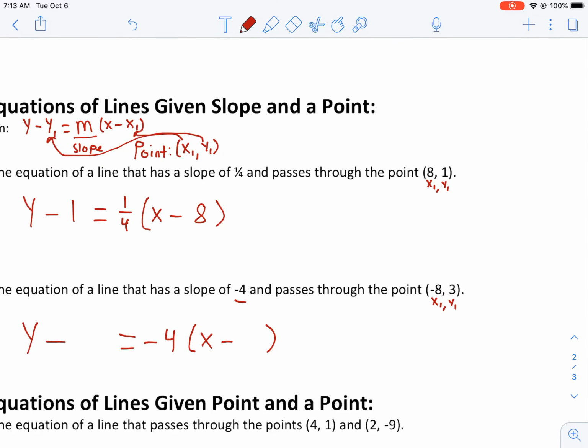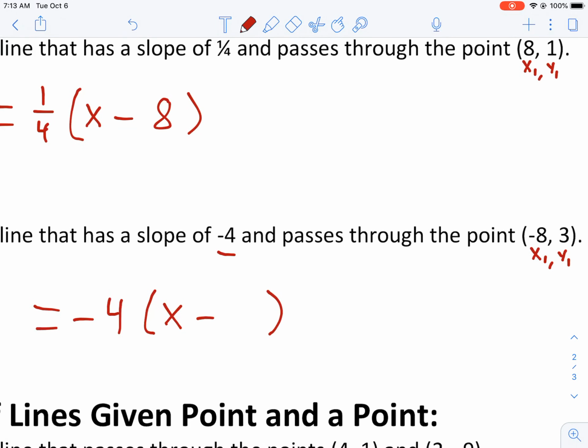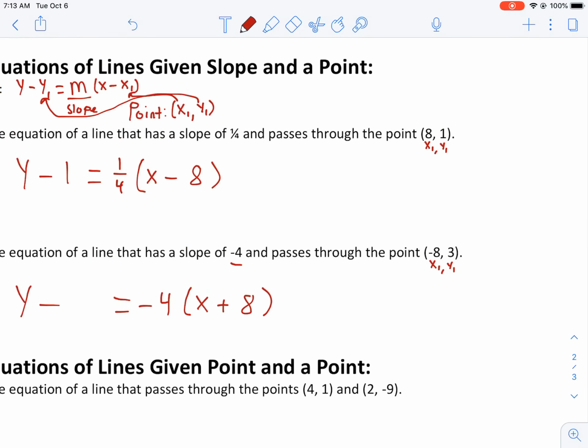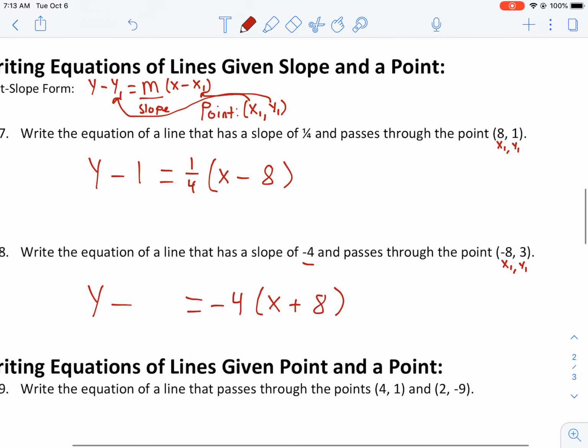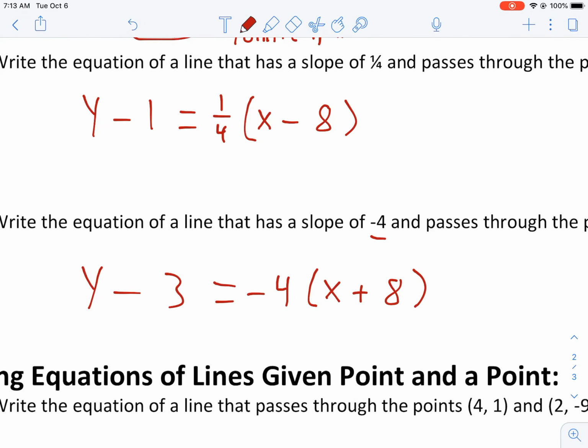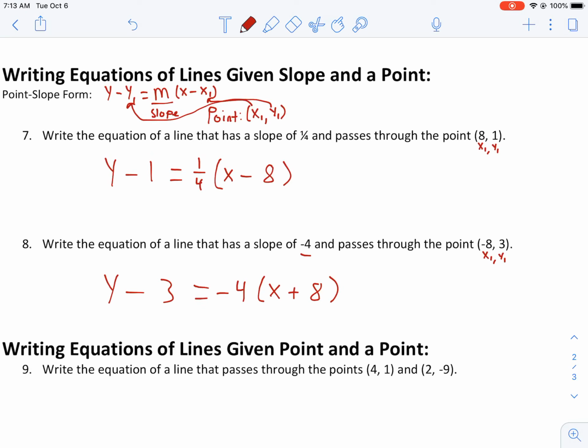Our x1 value is -8, so since it's negative, that's going to become +8 in our equation. The 3 is positive, so we can just plug that in as y minus 3. So our equation is y minus 3 equals -4, parentheses, x plus 8.